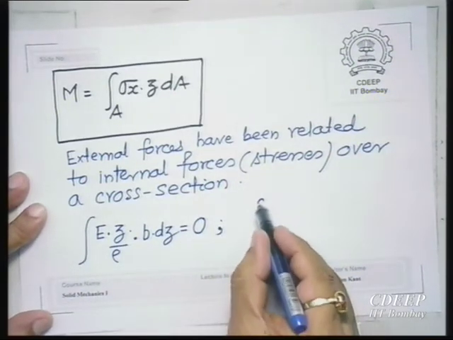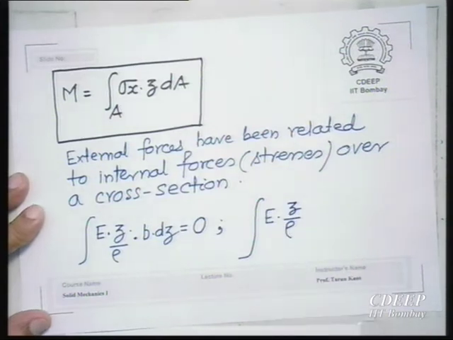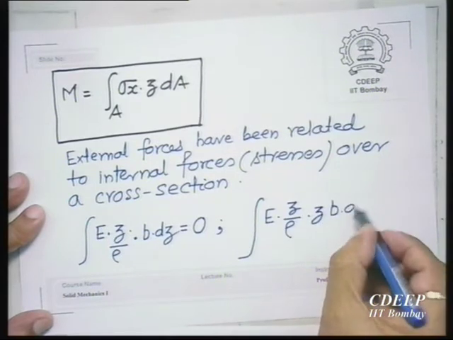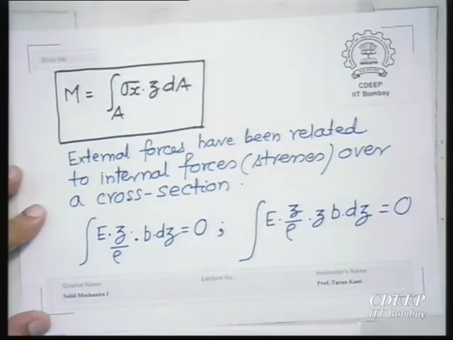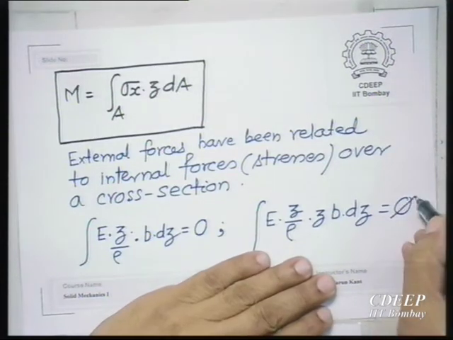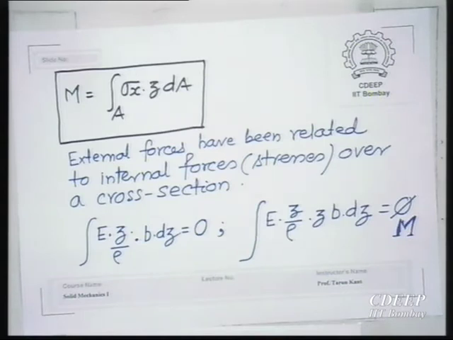So now one we have got, and the second integral we have got is E times z over rho times z, b dz, equal to M. Now, can we get something out of this?